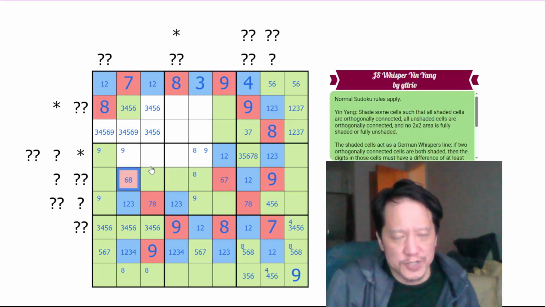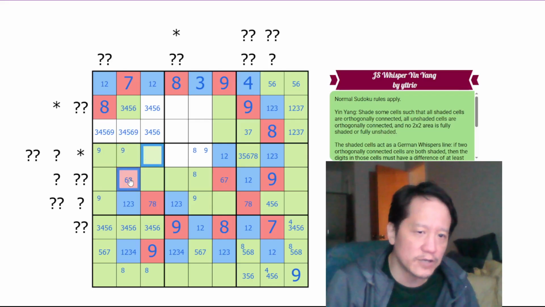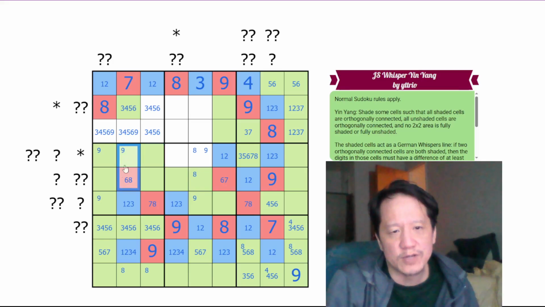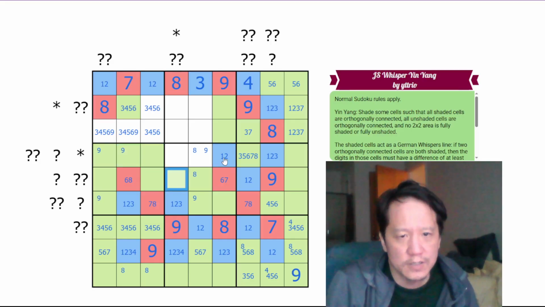So if we have shading here, neither of these can be shaded. Right, if this is shaded, it has to be a 2-digit number, so it would have to go there. If this is shaded, then this would be a diagonal both shaded, so therefore this would have to be shaded because this is unshaded. So this cannot be shaded then. This must extend to at least here.